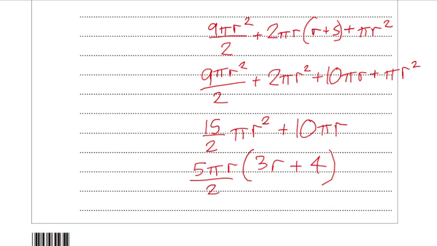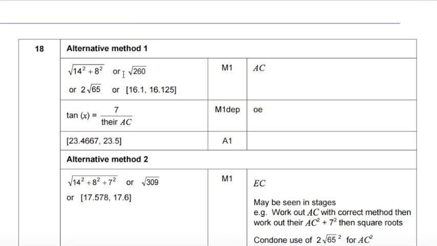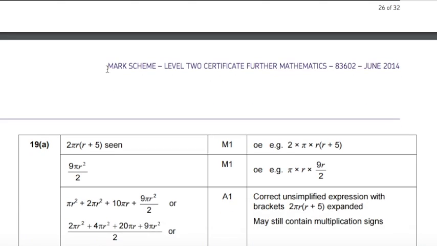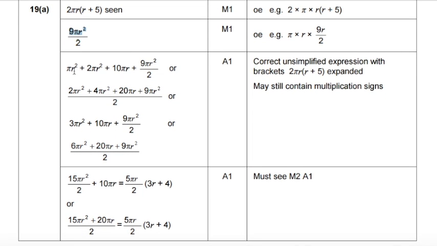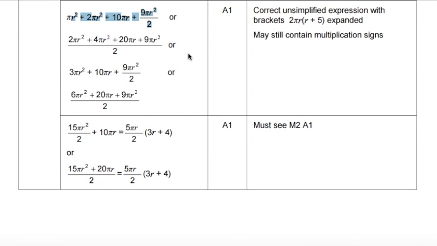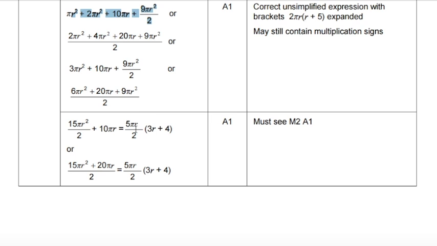I think the difficult bit there is really all the algebra afterwards. You get a mark for the area of the rectangle, the sloped surface, a mark for adding everything together, and a mark for factorising to get to the answer. They want to see a bit of work because they've given you the answer.